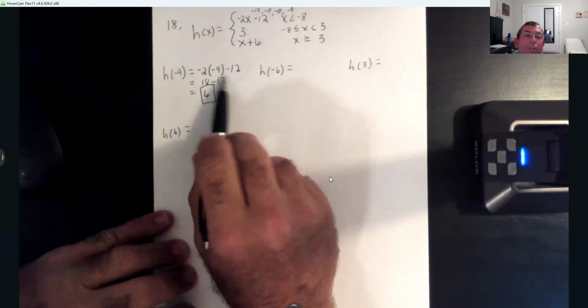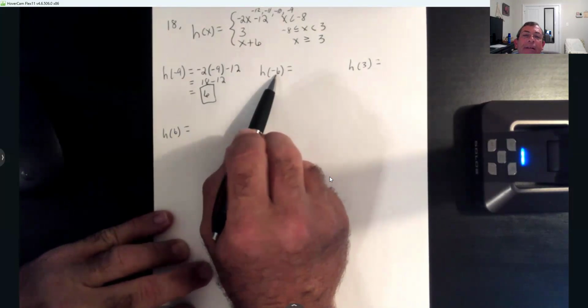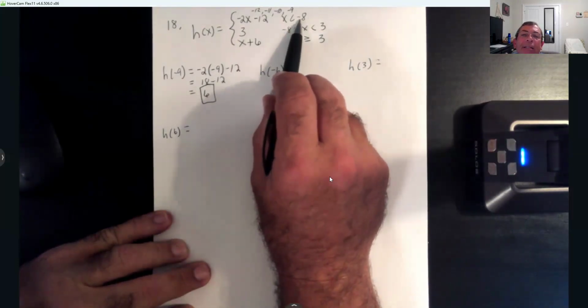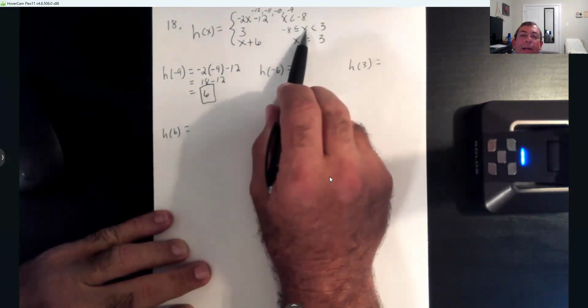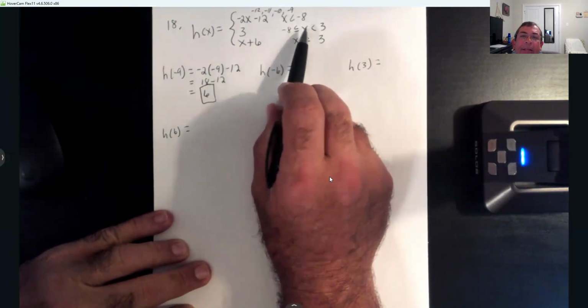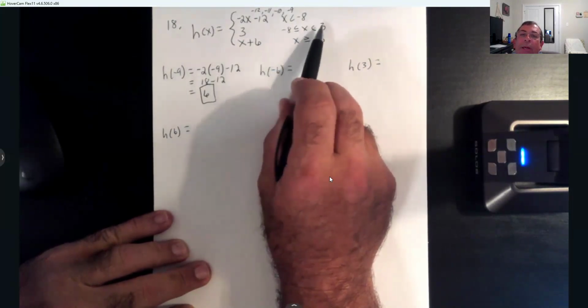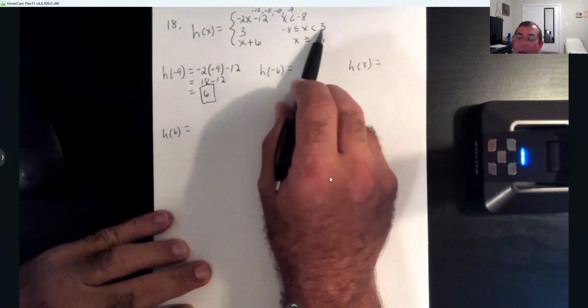Now at this point, you can punch this on the calculator. So then they got h of negative 6. Well, negative 6 is not less than negative 8, so I got to look at this equation. Negative 8 would be less than negative 6, and negative 6 would still be less than 3. So negative 6 is in between this range.